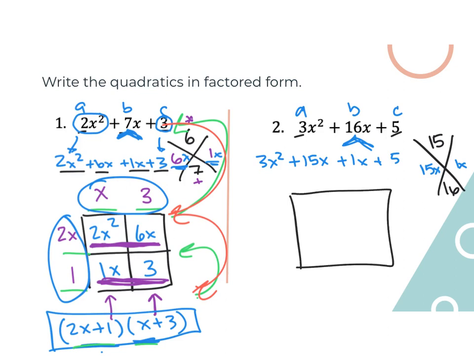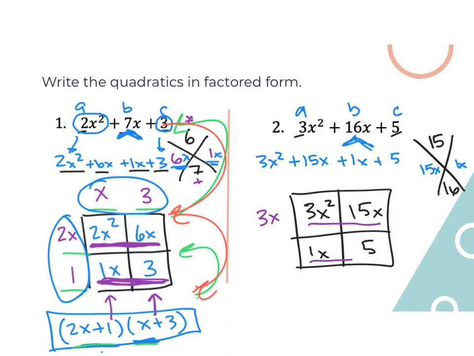So here's my box. I've got 3x squared, 15x, 1x, and 5 for my terms. Now let's find those GCFs out front. So the GCF of 3x squared and 15x is 3x. That's the greatest common factor that comes out of those two terms.